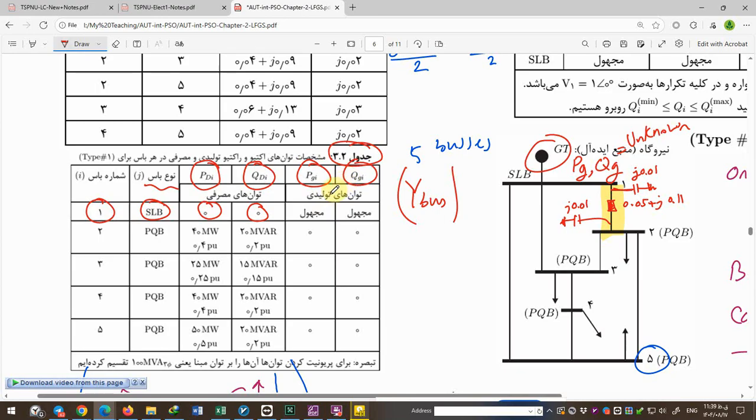And do we have any generation in bus number 1? Yes, but it's unknown. We write it majhul in Farsi. Majhul means unknown.